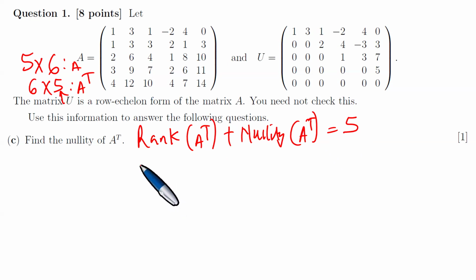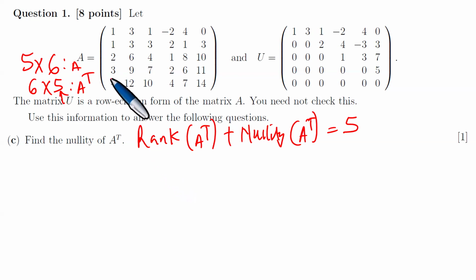All right, so we continue then. There are certain things that are much easier for us to get, like our rank here. It's very straightforward. The rank of A transpose is going to be what?